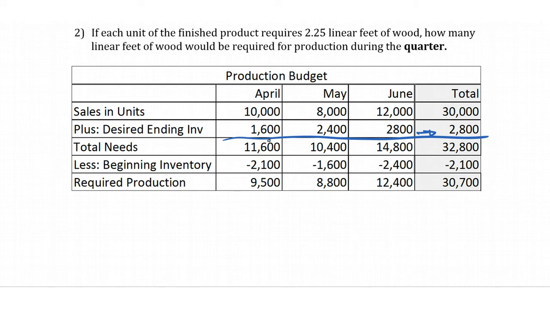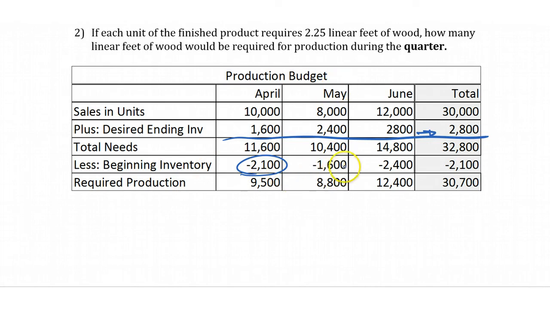If we didn't have any beginning inventory, that would be it, but because we do, we're going to subtract that. This number is given to us. It tells us that the March 31st ending inventory is 2,100 units. So if we end March with 2,100 units, then we start April with 2,100 units. It's the beginning inventory of April.